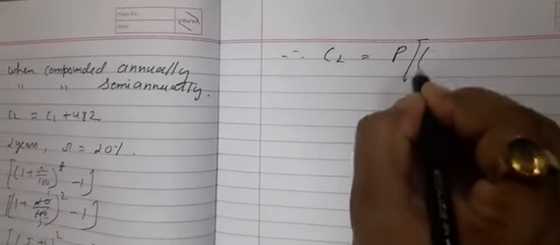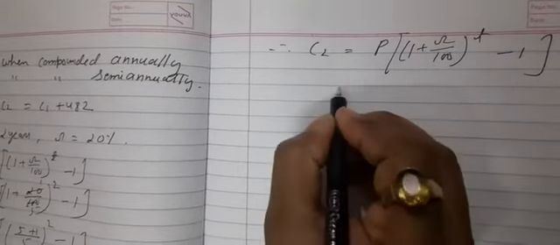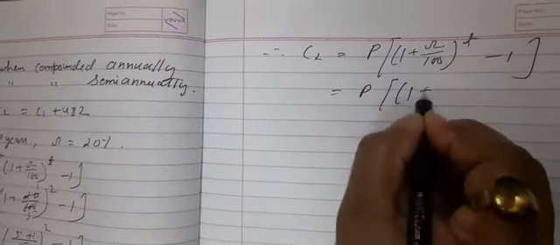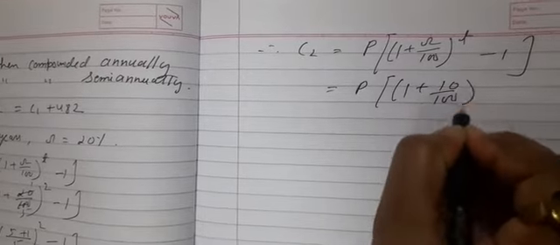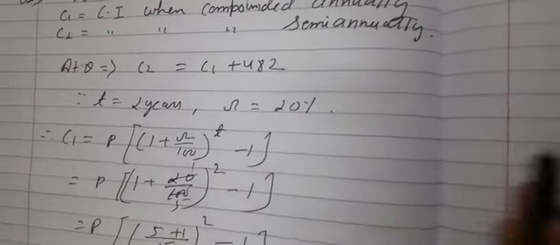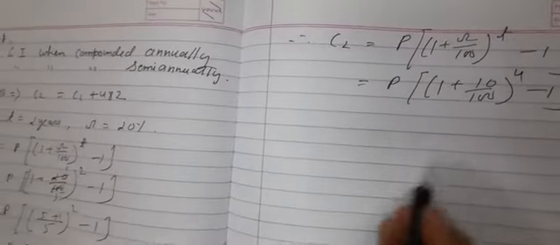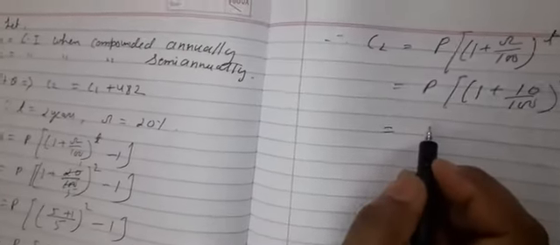So C2 is equal to, again we rewrite the formula, P into 1 plus R by 100 to the power T minus 1. Putting the values, it is 1 plus 10 by 100 to the power 4. Please see the values. Here we wrote rate 20 because compounded annually, time was 2, but here rate is 10 and time is 4. I hope it is clear what the difference is between both compound interests, even if the time, rate and principal are the same.